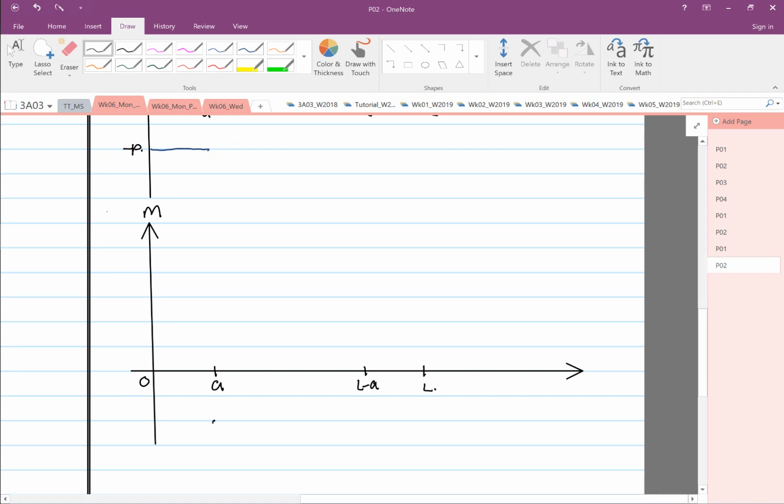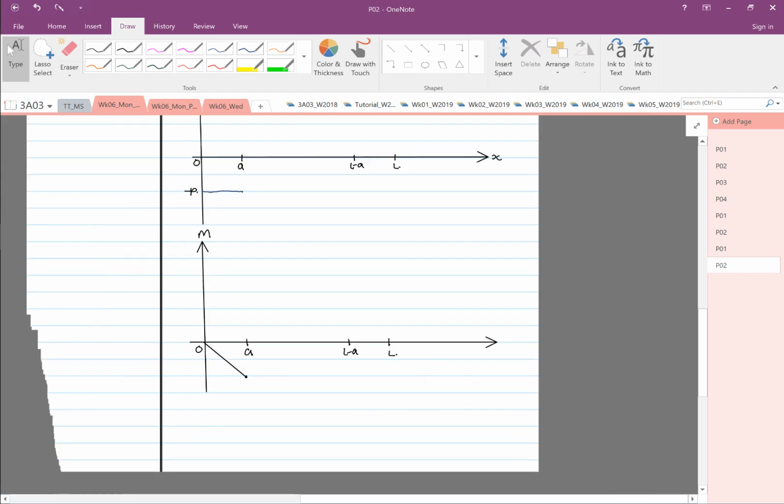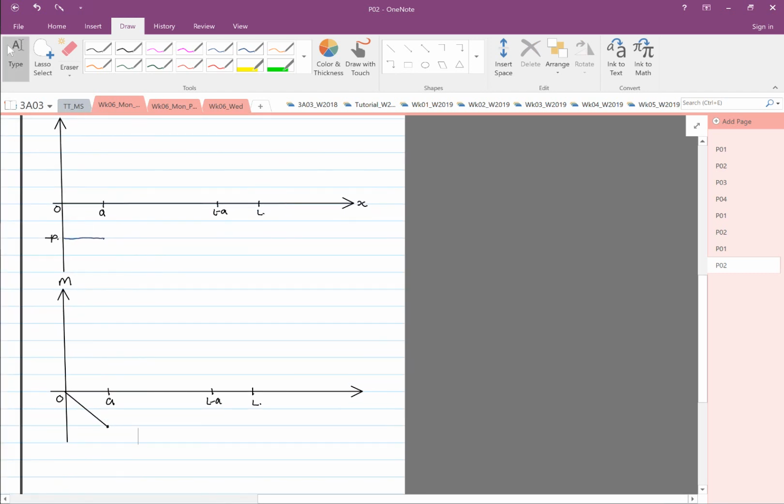Minus px means it will have what? Negative slope. It's a straight line. So a very interesting feature to look at is you have over here negative magnitude, and then over here you have negative slope.